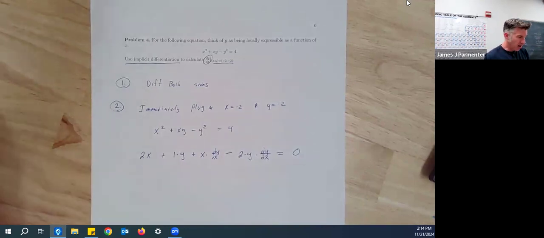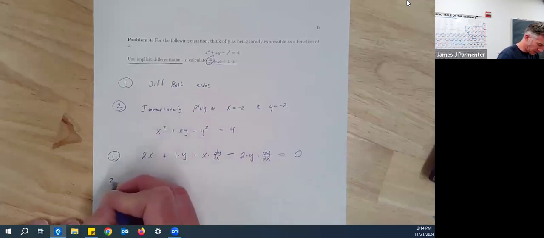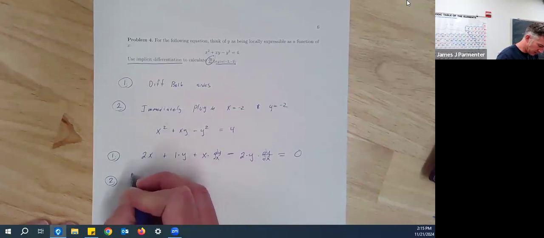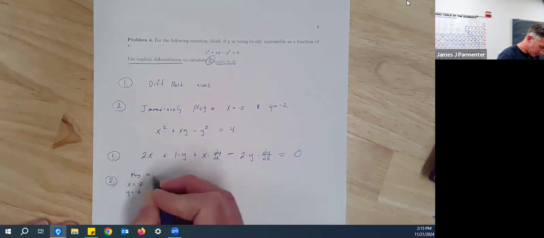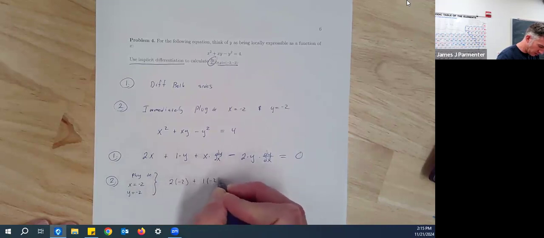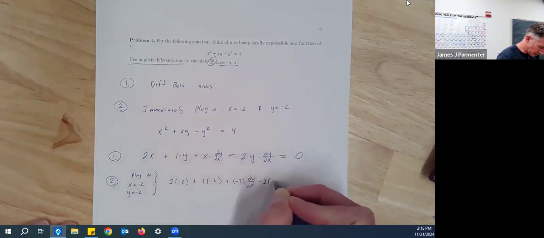Now, since we're in this nice situation where we are given a point to find the slope of the tangent line, or the derivative, we just plug in the point. So this was our first step, differentiating both sides. And then our second step is to plug in -2 for x and -2 for y. So we get 2 times -2 plus 1 times -2 plus -2 times dy/dx minus 2 times -2 times dy/dx equal to 0.